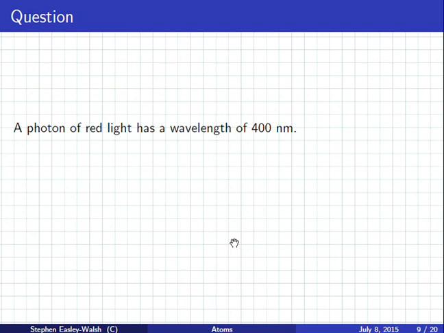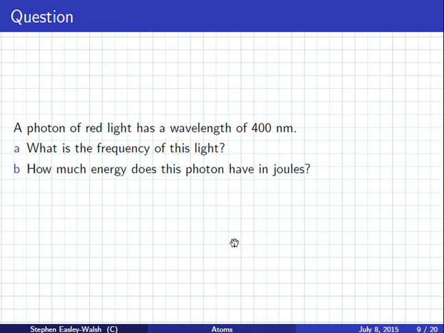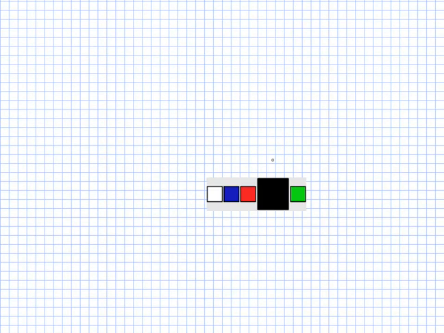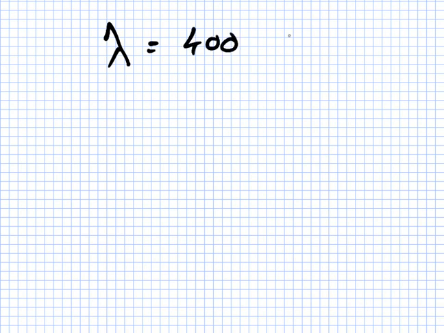A photon of red light has a wavelength of 400 nanometers. What is the frequency of this light, and how much energy does this photon have? Okay, let's have a look. So what's the wavelength? I said it's 400 nanometers. And how can I calculate the frequency? What formula?